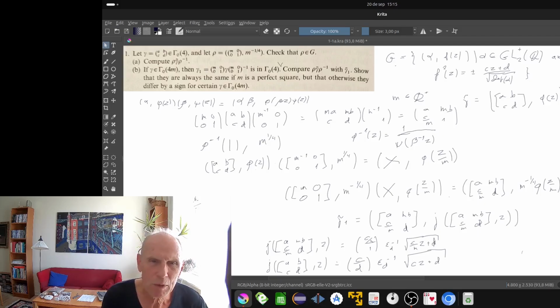Here we must multiply by the 4th root of m, there we go, and then we have m to 1/4 down here, and they will cancel. Oh, it's not a good color.